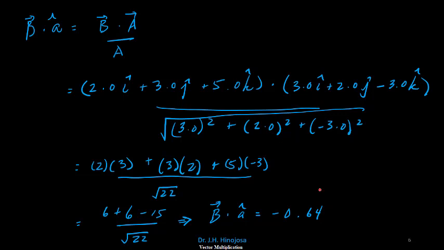So our answer here then is minus 0.64. This gives us the component of b in the direction of A. Notice that it's negative and it's a very small number. We'll come back to the negative after we do the rest of the problem here, the example.